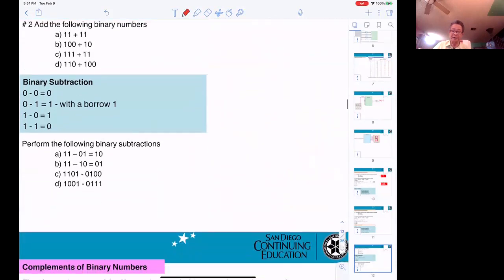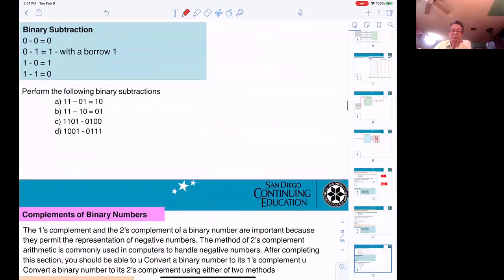Okay, now subtraction. 0 minus 0, you get 0. 0 minus 1, you get a 1. However, you borrow 1. 1 minus 0, you get 1. 1 minus 1, you get 0.